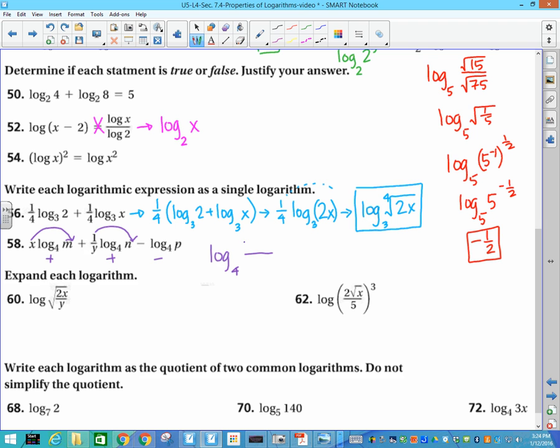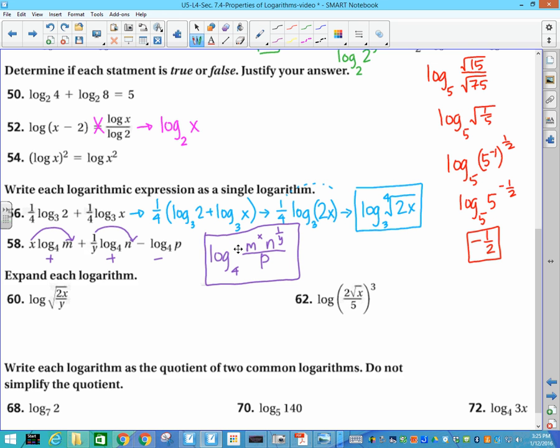So on the top, I'm going to have m to the x and n to the 1 over y, and then a p on the bottom. So that's what that is. And that's enough work for you to go from here to here. If you want to write out more steps or have questions about it, then come see me.